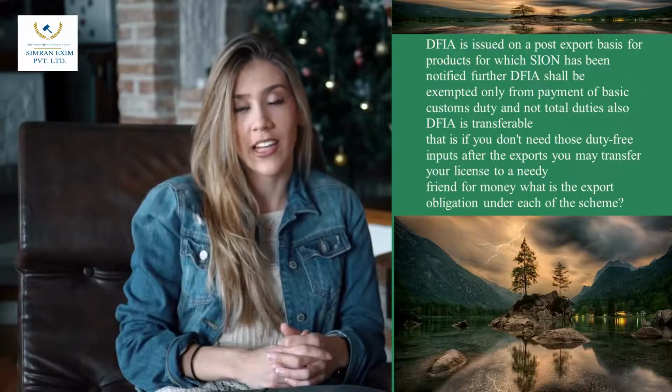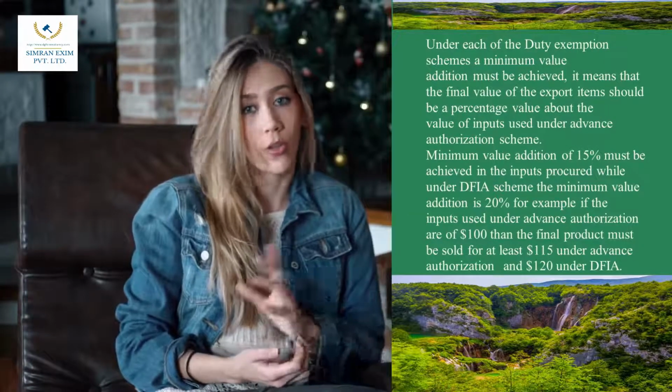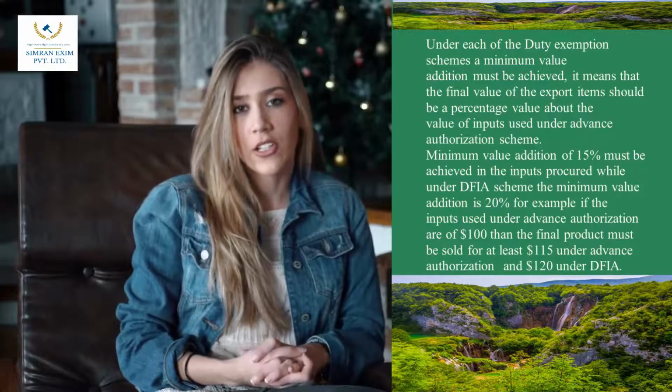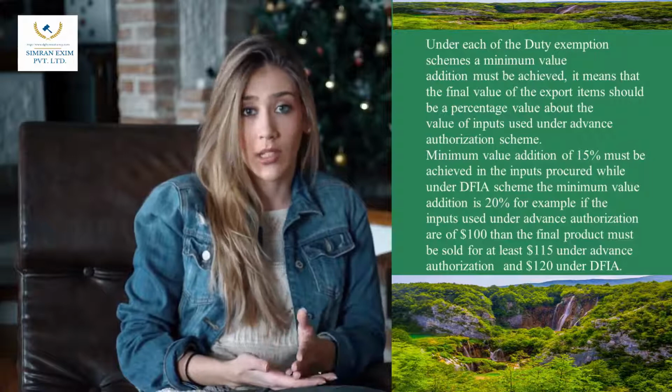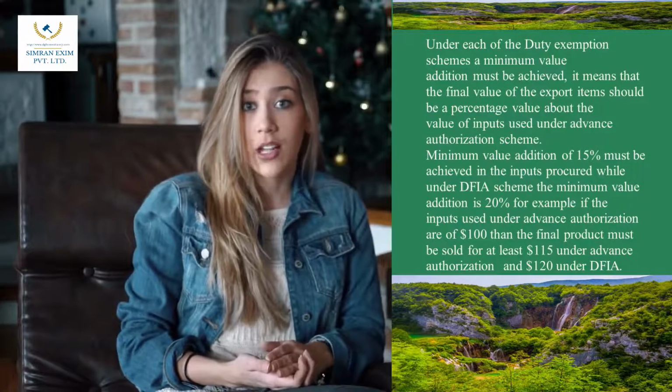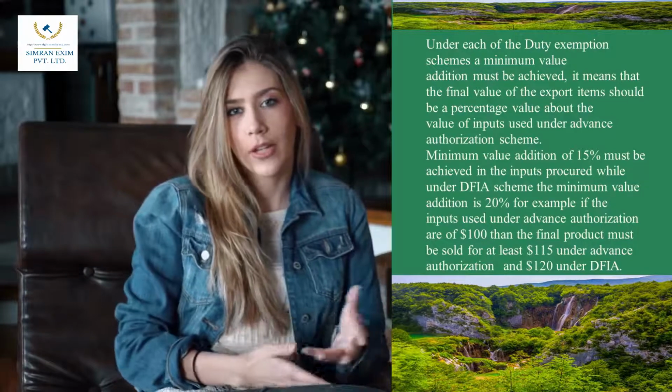What is the export obligation under each of the schemes? Under each of the duty exemption schemes, a minimum value addition must be achieved. It means that the final value of the export items should be a percentage above the value of inputs used.